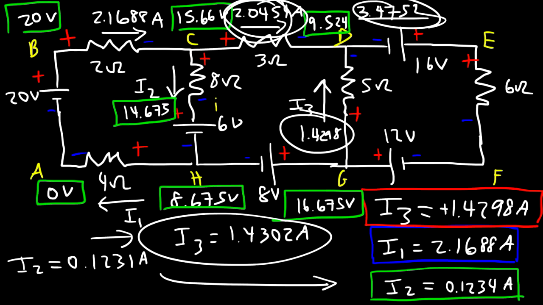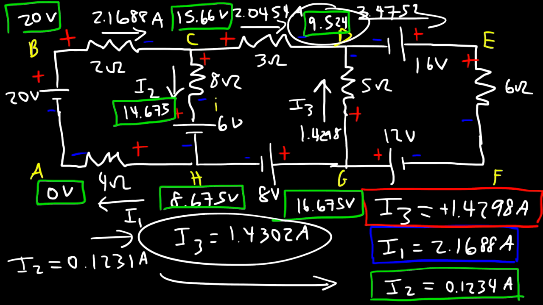So if you add 2.0454 plus 1.4298, that will give you 3.4752. Because these two currents are the currents going into the junction, and this is the current going out of the junction. And so based on Kirchhoff's junction rule, the current that flows into a junction must equal the current that flows out of a junction.